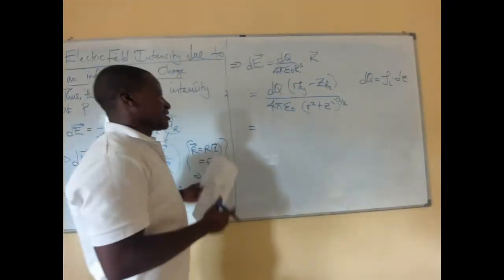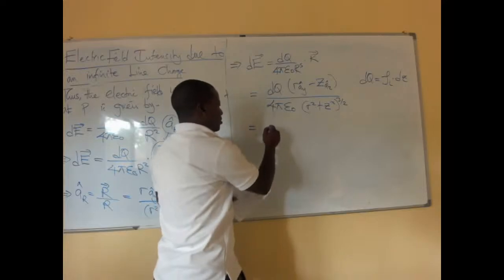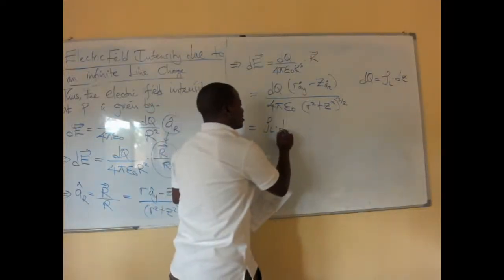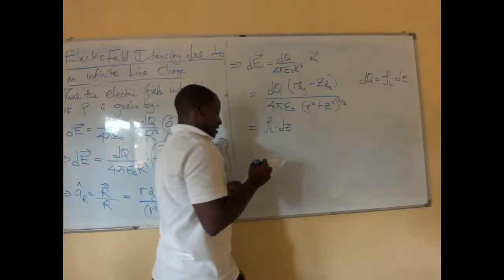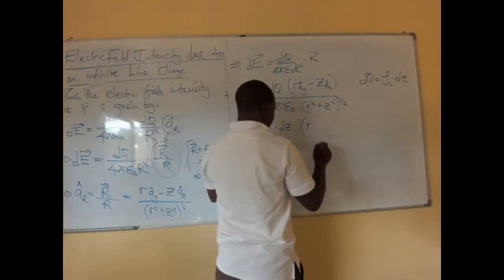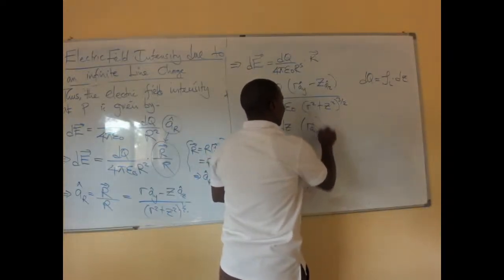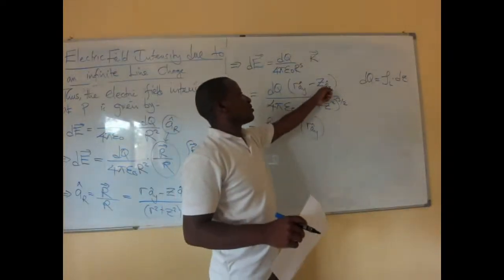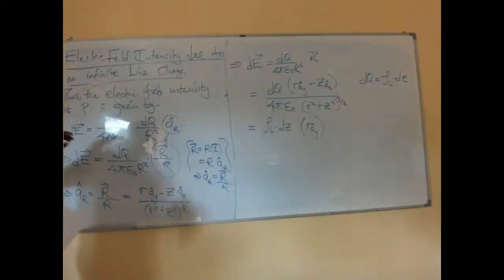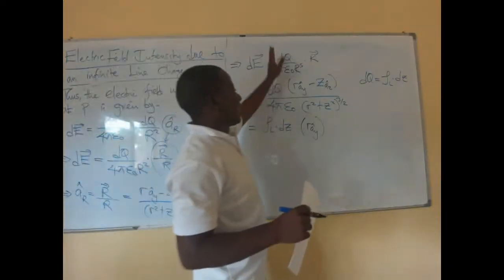So dq must be replaced by the line charge density into dz, and all this must be multiplied by r a_y. Why is the z component equal to 0? We have remained with that. It's because from the diagram, there is no effect in the z direction.